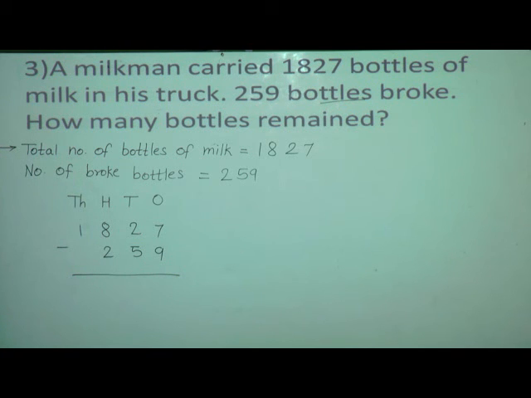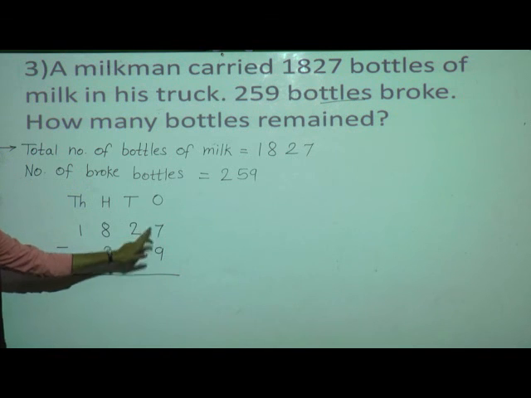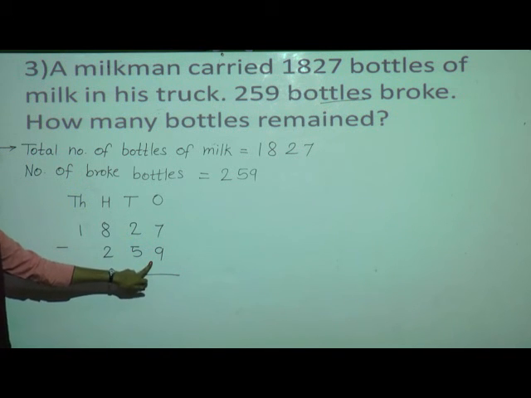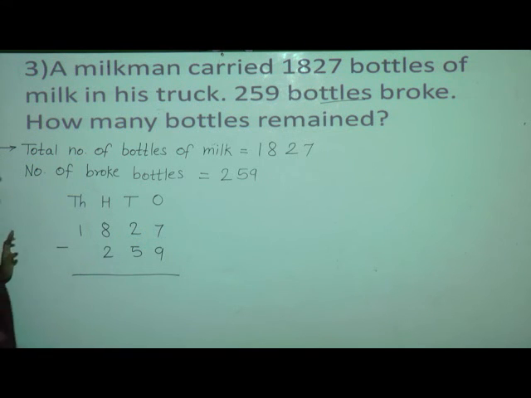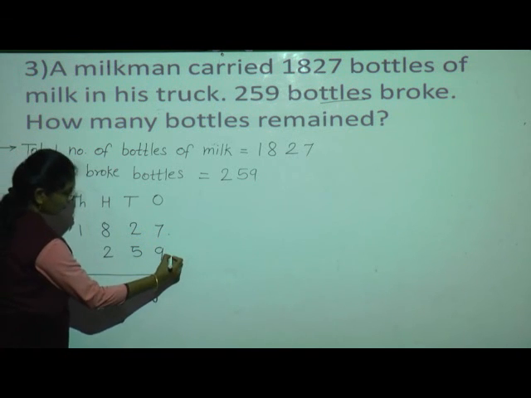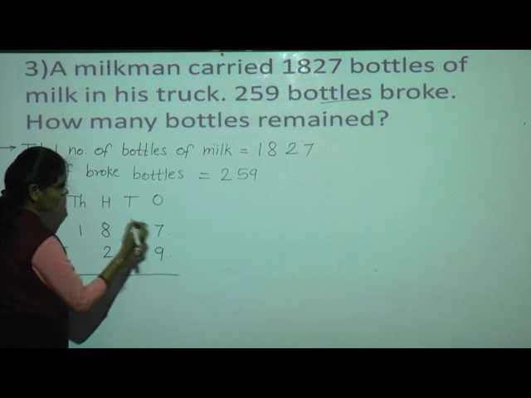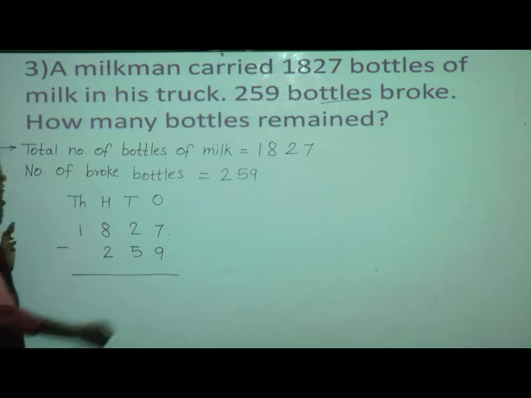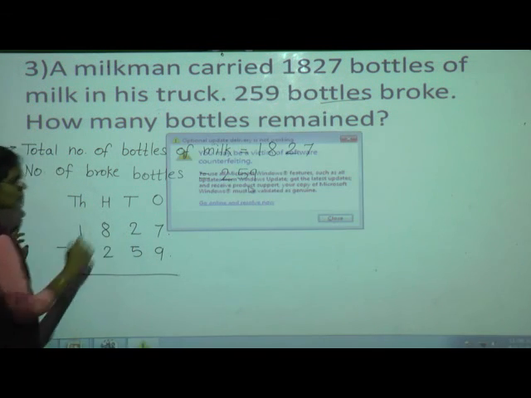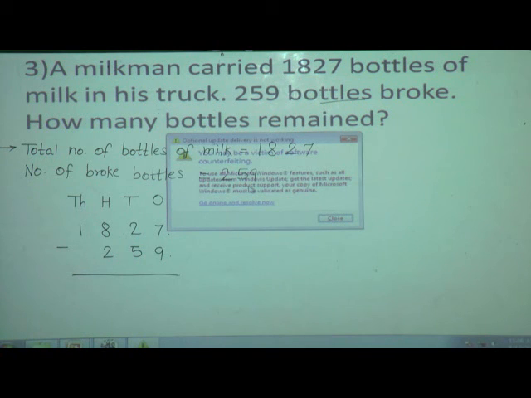Now do the subtraction. See, at ones place there is 7 and here 9 is there. 7 minus 9, can we do 7 minus 9? No, we can't do 7 minus 9. Why can't we do it? Because 7 is smaller than 9. Then what will we do? Yes, we will move to the neighbor. Now who is the neighbor of ones? Tens is the neighbor of ones.